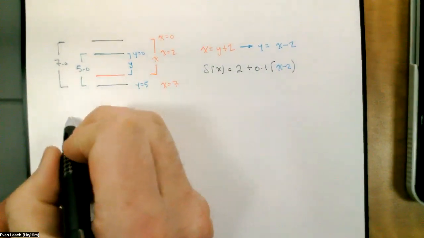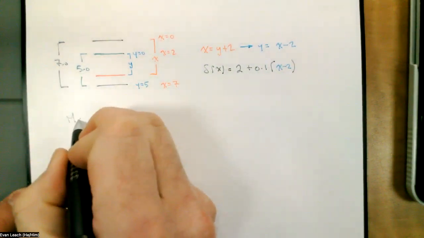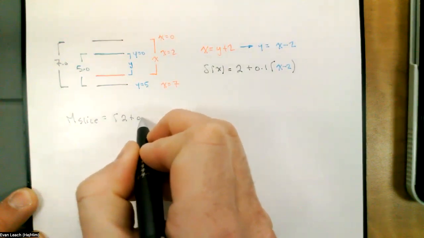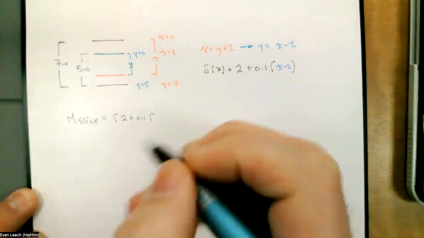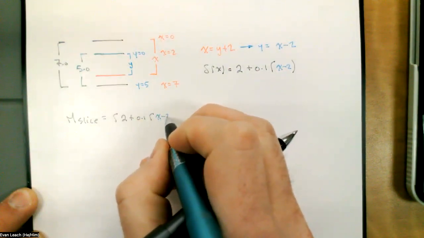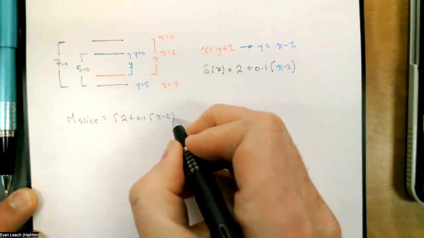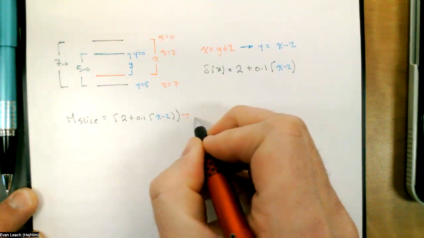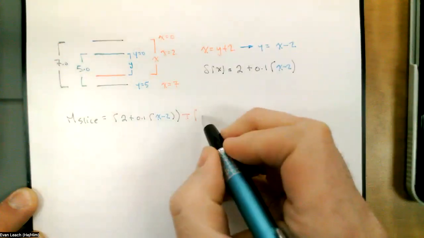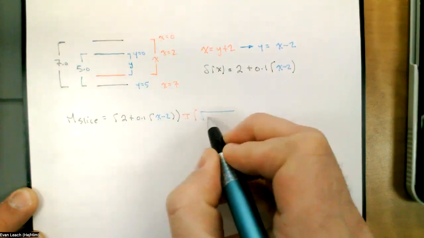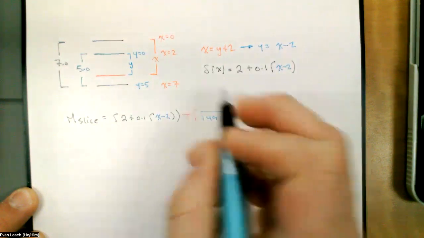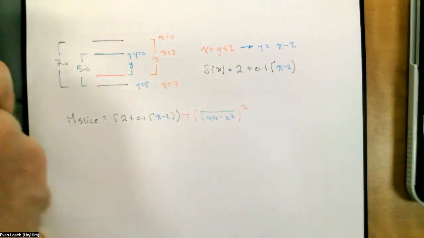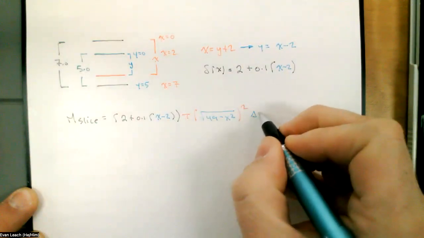So your total, well, let's go with the mass of the slice, will be the density 2 plus 0.1 times (x minus 2), times your area, pi, times the radius, square root of 49 minus x squared. And now the problem's back to being a delta x problem.